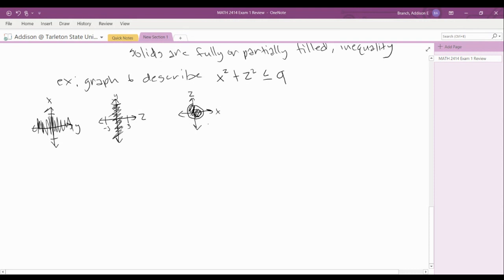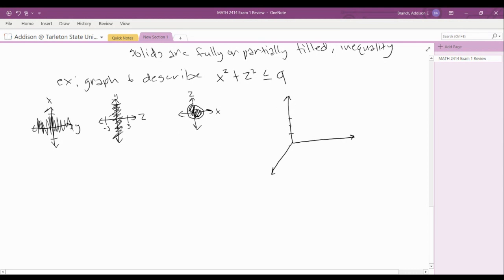So if we go ahead and combine all of these, we can draw our XYZ graph. So Z, X, Y. We know we're going to have a circle on our XZ that's going to have a radius of 3.